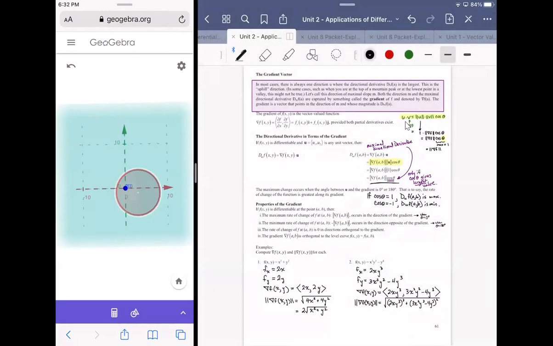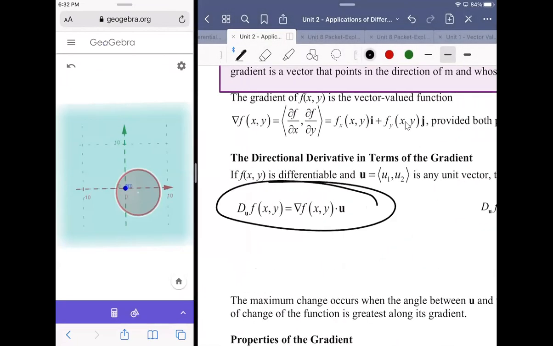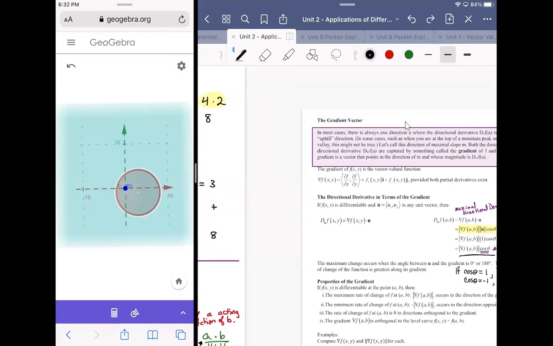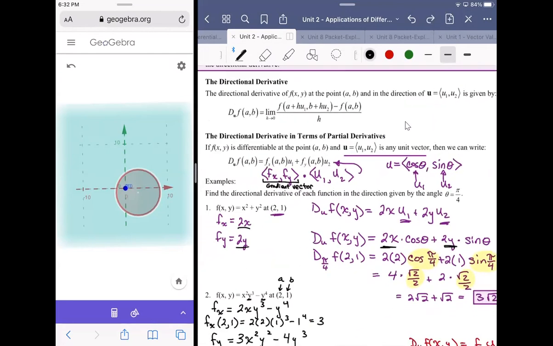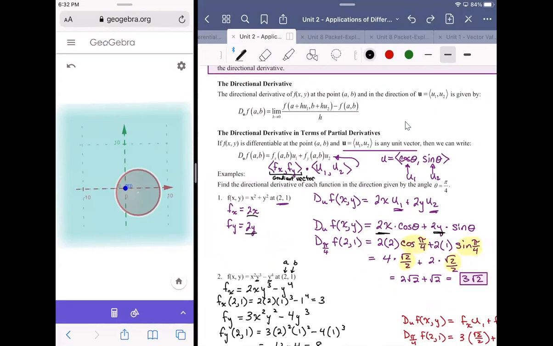So the directional derivative relation for a function is something you could refer to, because everything is essentially an open notes assessment. But more importantly, if you know the angular movement, you can use these examples as a model, because the unit vector in the direction that you're looking at is associated with cosine comma sine.